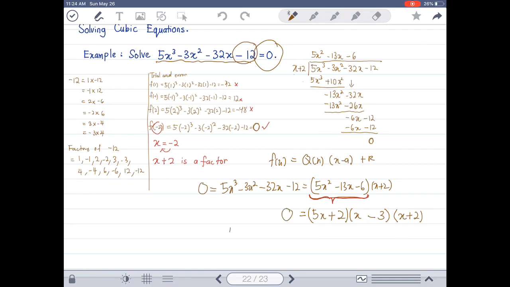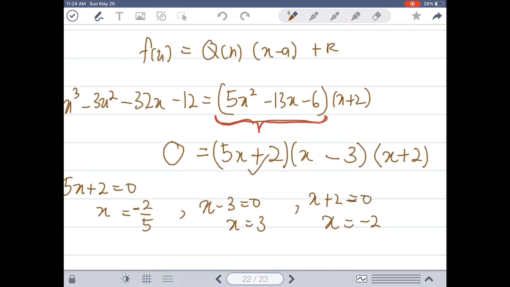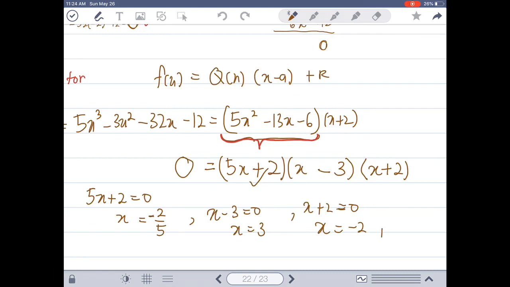So we have 5x plus 2 equals 0, x equals negative 2 over 5. And then x minus 3 equals 0, therefore x equals 3. And the last one, x plus 2 equals 0, x equals negative 2. So that is your answer.